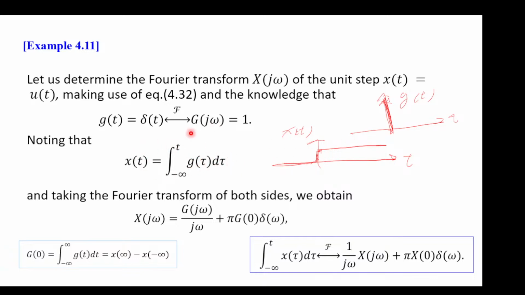Our x of t is now the integration of g of tau d tau. We plug in the formula, with the Fourier transform of g of t, big G of j omega.